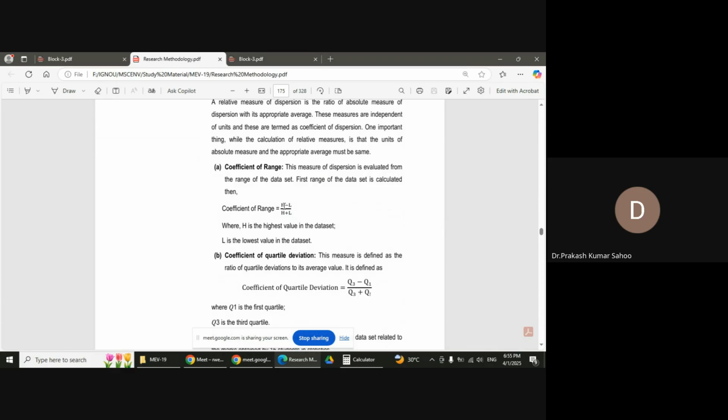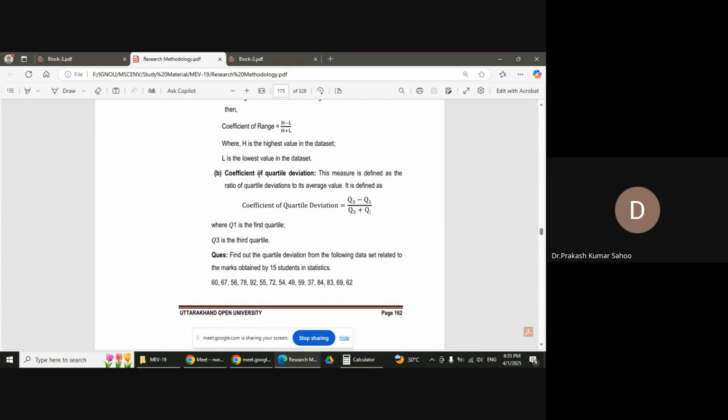Actually the subtraction is the numerator, and the addition is the denominator. So h minus l over h plus l. Just arrange all your data in ascending order, and find this coefficient of range.